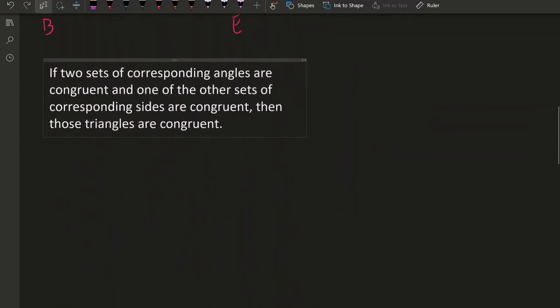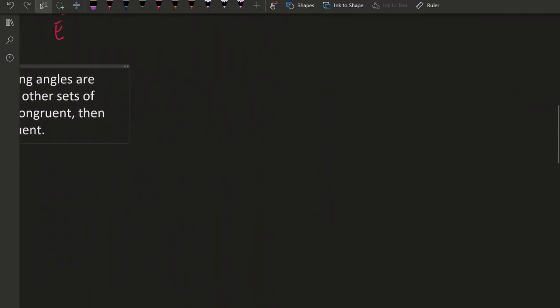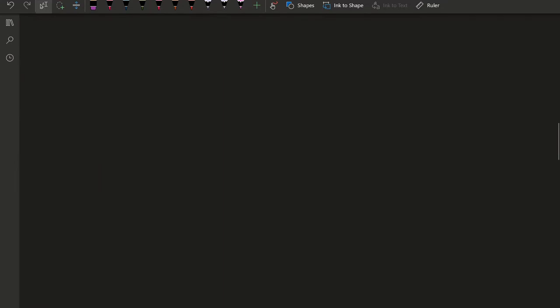So, just a quick summary, move off to the side for a moment. We have some theorems that work to show that triangles are congruent, and we have some theorems that do not work. So, to summarize the ones that we've learned, we have learned that SAS is one of them that works.